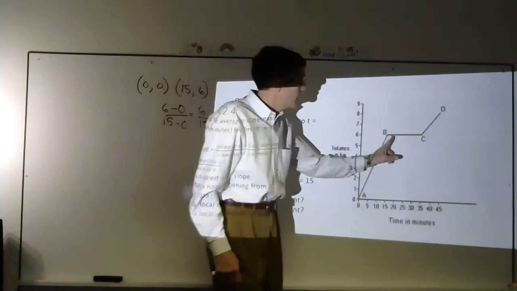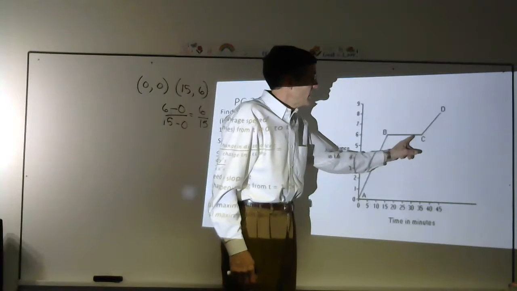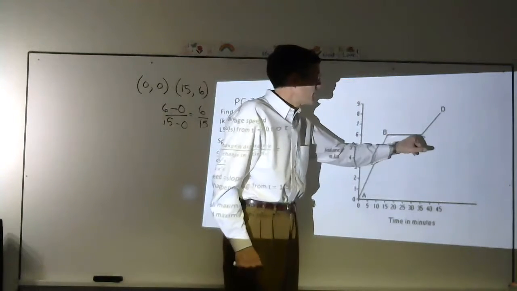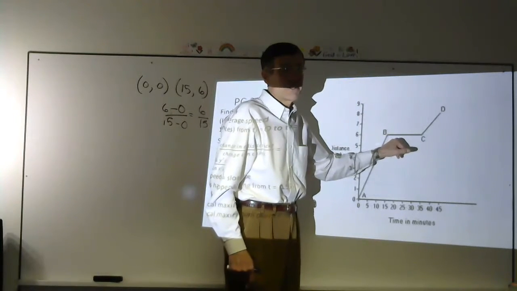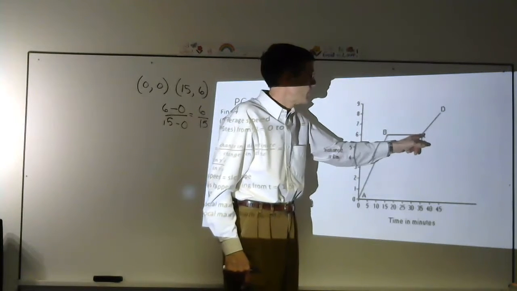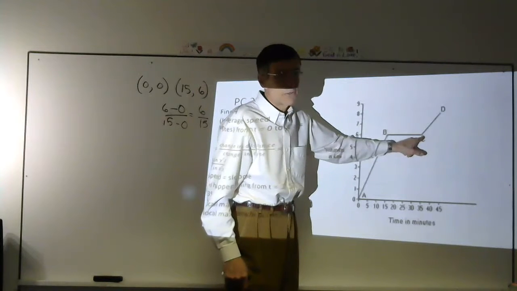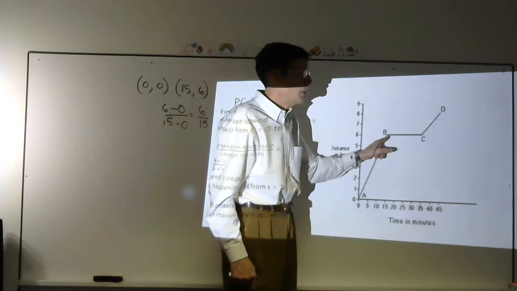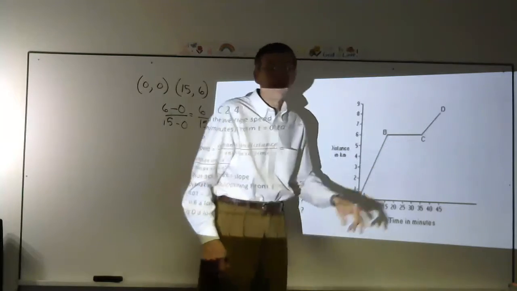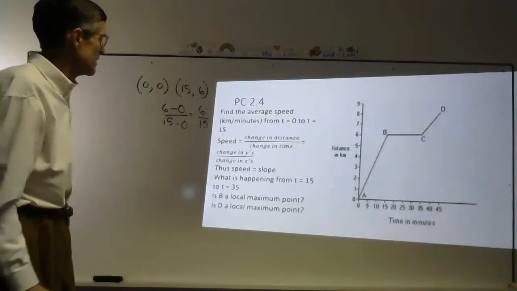As a matter of fact, all of these points in here are not only local maximums, it's kind of strange, these are also local minimums because they are equal to or greater than for a maximum, or they're equal to or less than for a minimum. Point C is not a local max, it's a local min. Point B is not a local min, it's a local max. But everything in between is both, which is very strange that they can be both.